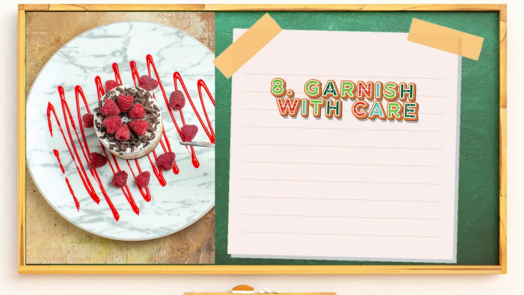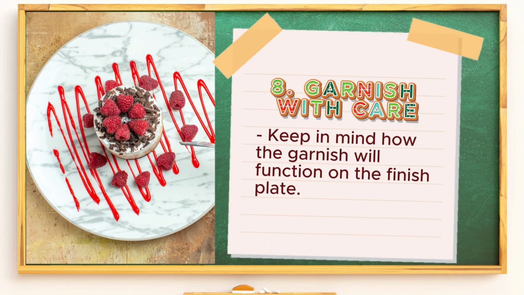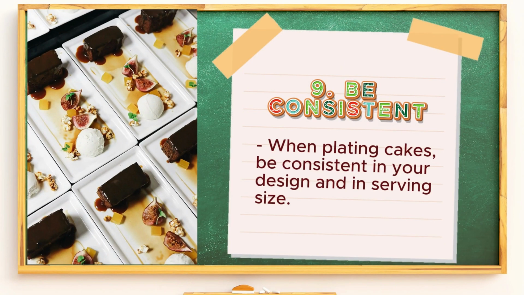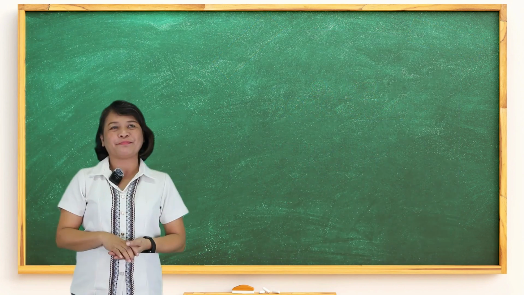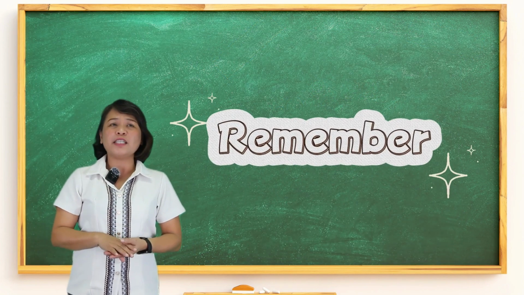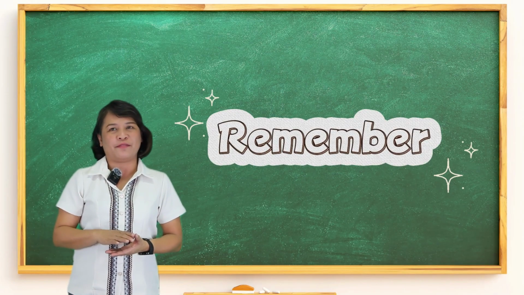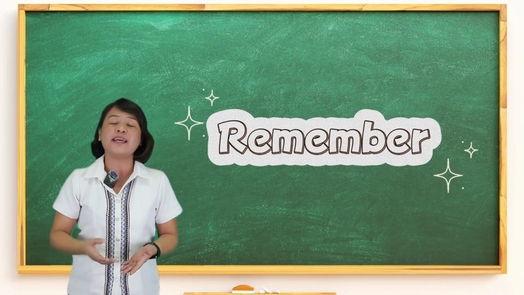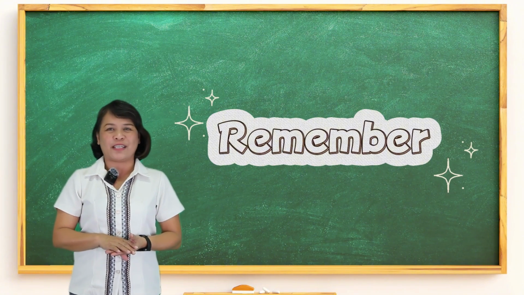Eight, garnish with care. Keep in mind how the garnish will function on the finished plate. Nine, be consistent. When plating cakes, be consistent in your design and serving size. Remember, knowledge of the correct technique is temporary if it's not carried out with cleanliness and professionalism.